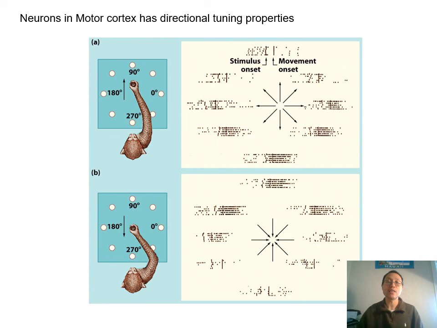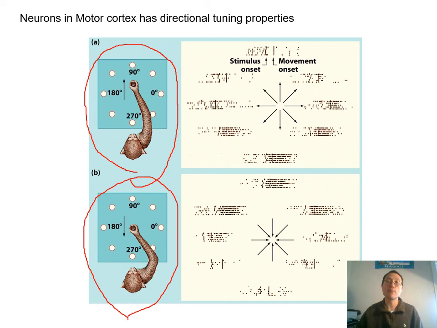In A, the animal goes from the center to the periphery, and they have the animal do a bunch of activities going from the center to the periphery. The second task is for the animal to go from the periphery to the center, and each one has its own direction. Here they're looking at the same cell, so let's take a look at the plot.